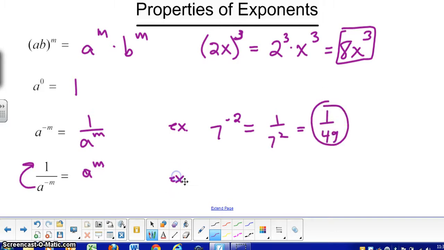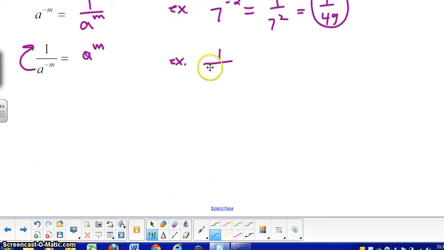And then this last one, I want to also give you an example. What if it's 1 over 6 to the negative 3rd power.